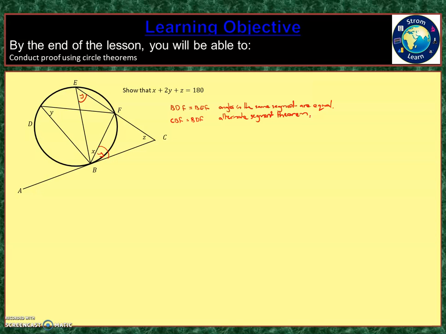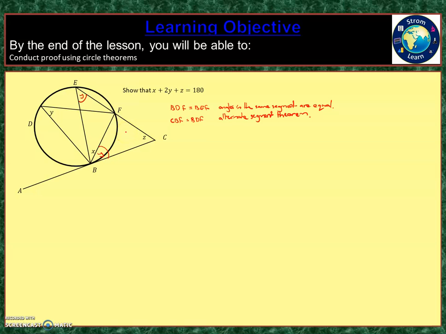Okay, can I do anything with this x? It feels like I should be able to do something with this x. Let's have a think about this. I guess I've got this angle BFC to try and work with.